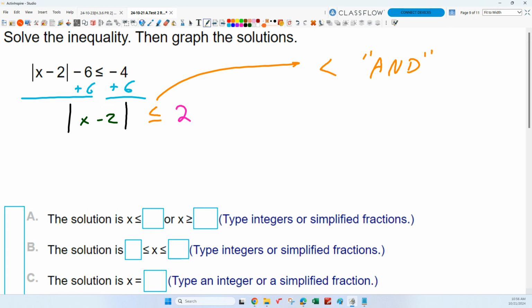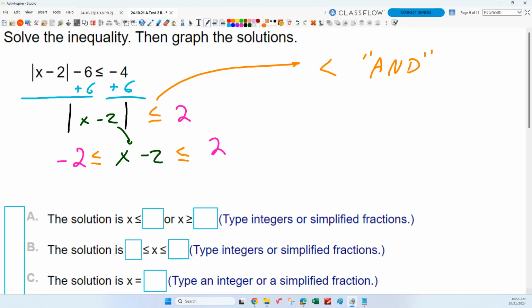Okay, so and inequalities have how many parts? 3. Good, so we're going to set up 3 columns. What goes in the middle? Yeah, whatever's inside the absolute values goes in the middle. What goes on the left? Negative 2. The negative outside number on the right? Positive 2. What's the only one step I have to do to isolate the x?